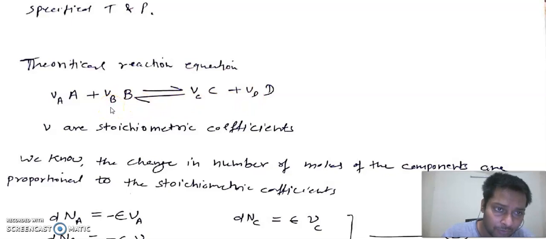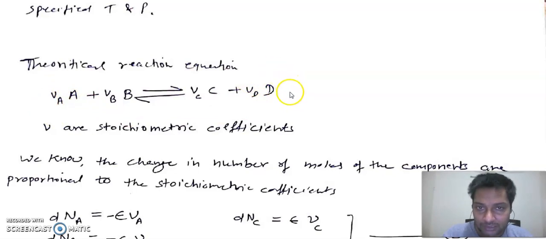And the number of mole formed or decreased due to chemical reaction will depend on its stoichiometric coefficient. Whatever may be the amount of A after the reaction will depend upon the stoichiometric coefficient of component A. Similarly, the number of mole of D after the reaction will depend upon its stoichiometric coefficient Vd.